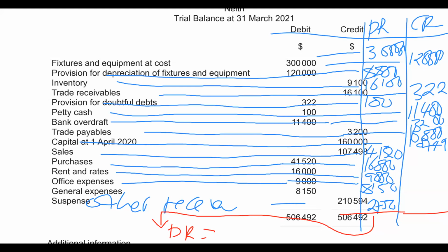It's 402,420. I was writing 16,800. 402,420. And obviously, even on the credit side, you should find the same figure, 402,420. Is that clear?